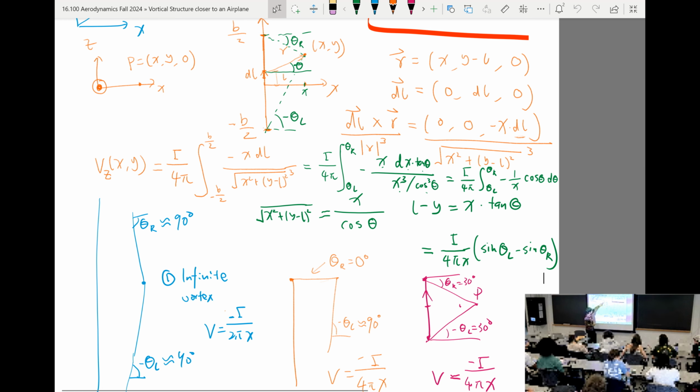In fact, you can think about this finite length, right? If you take the limit of this finite length, you can actually get the same formula for an infinite length vortex. Why? This is because if the left wingtip extends all the way to minus infinity, and the right wingtip extends all the way to plus infinity, what is going to be minus theta L? What is theta L at the limit of this wingtip going all the way to infinity?